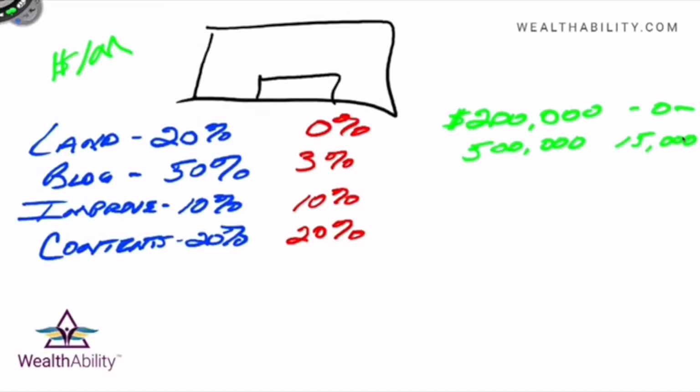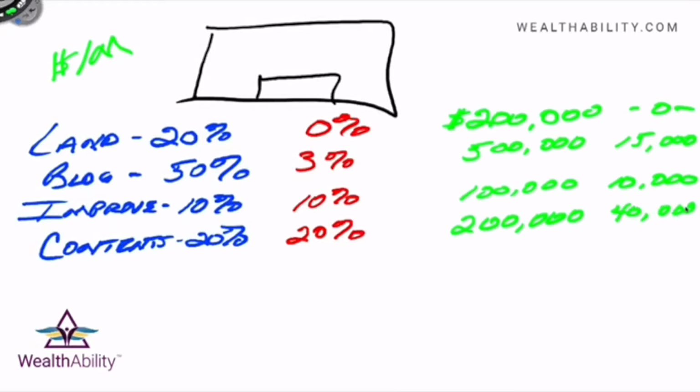On the improvements, at 10%, I'm going to have $100,000, so I should have $10,000 of improvements deduction each year. And on the contents, I have $200,000, and that means I have $40,000 of depreciation each year for the first 5 years. Of course, then I don't have any. So my total here is $65,000.